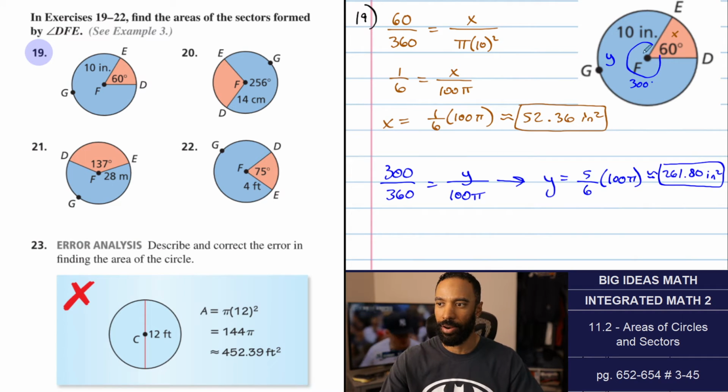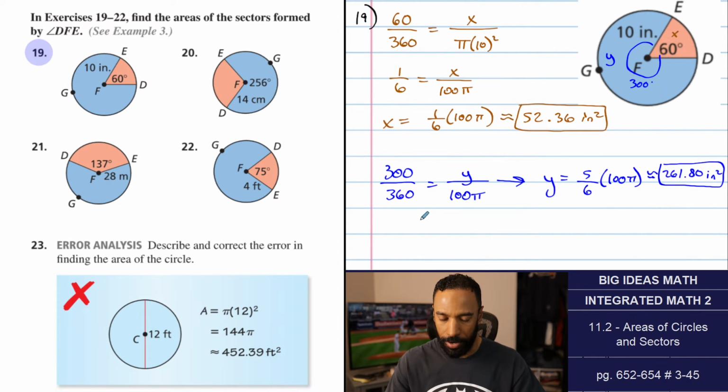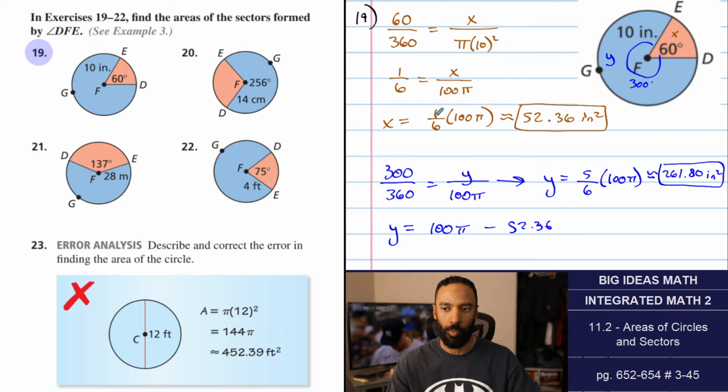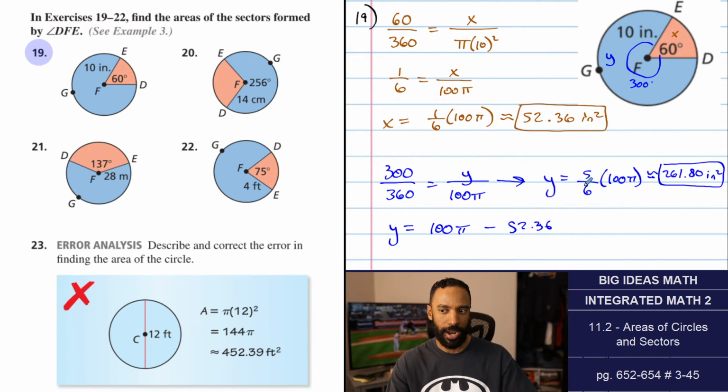What's my point? I could have taken the area of the entire thing minus the area that we already found, 52.36. I said this in the lecture portion. Notice this is 1/6 of 100 pi, and this is 5/6 of 100 pi. So I'm not going to use that version.